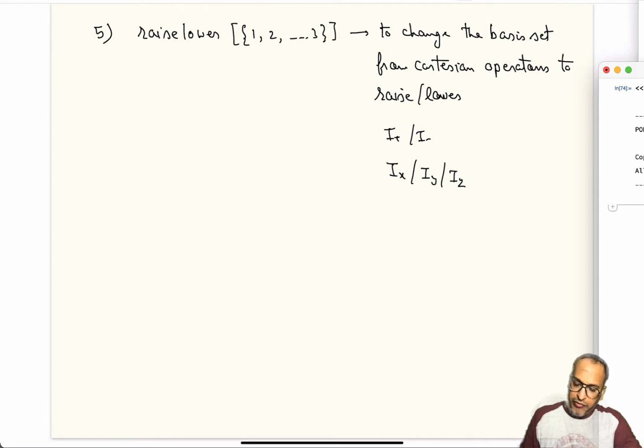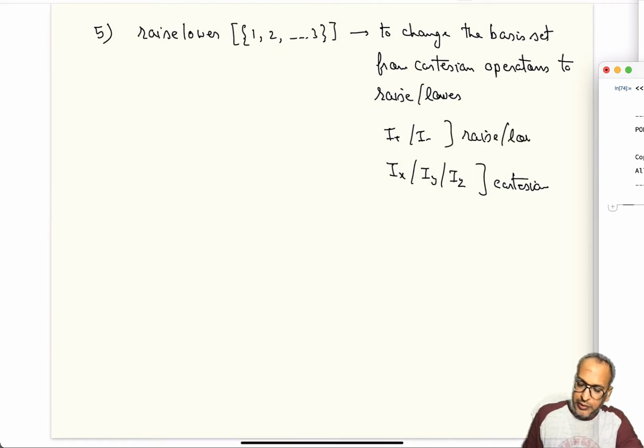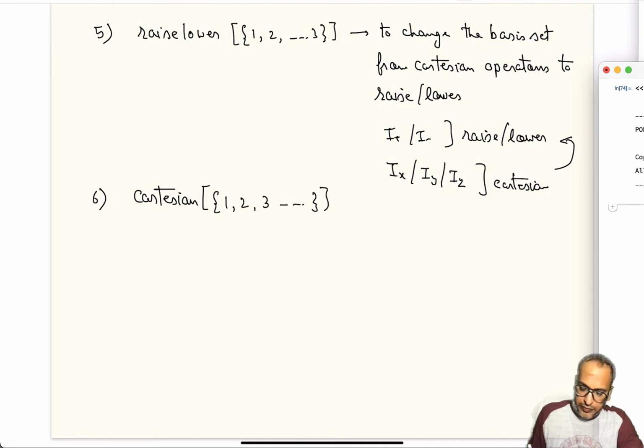So if you are in the Cartesian basis set and you want to go to the raise lower basis set, you give this command raise lower. Okay, and if you want to do the reverse, then the obvious command is Cartesian. So 1 2 3 and so on, and this will be the number of spins over here.